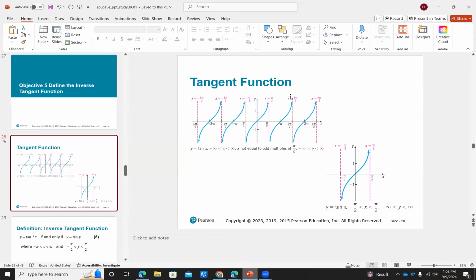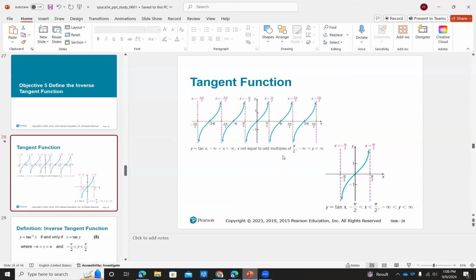Tangent 3 pi over 2 does not exist. Tangent 5 pi over 2 does not exist. Whenever x is an odd multiple of pi over 2, like 1 times pi over 2, 3 times pi over 2, 5 times pi over 2, your tangent function is undefined. The even multiples, like 2 pi over 2 and 4 pi over 2, are fine.